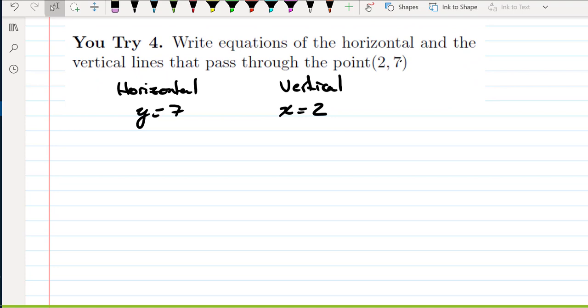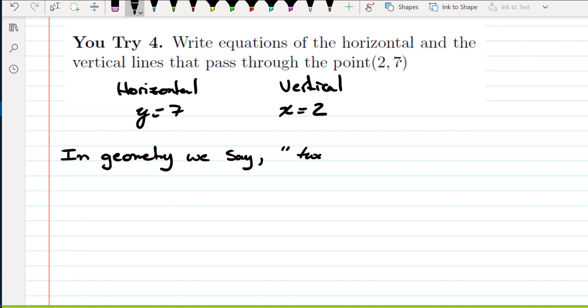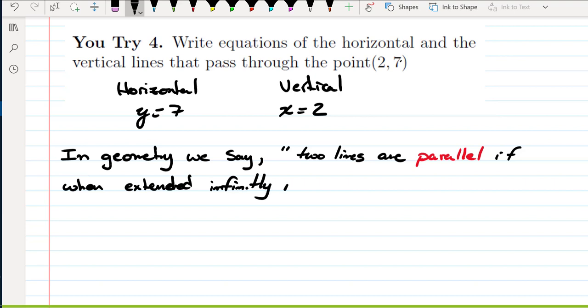Now I have some definitions we need to write down. So in geometry, we say two lines are parallel if, when extended infinitely in both directions, the lines do not intersect.